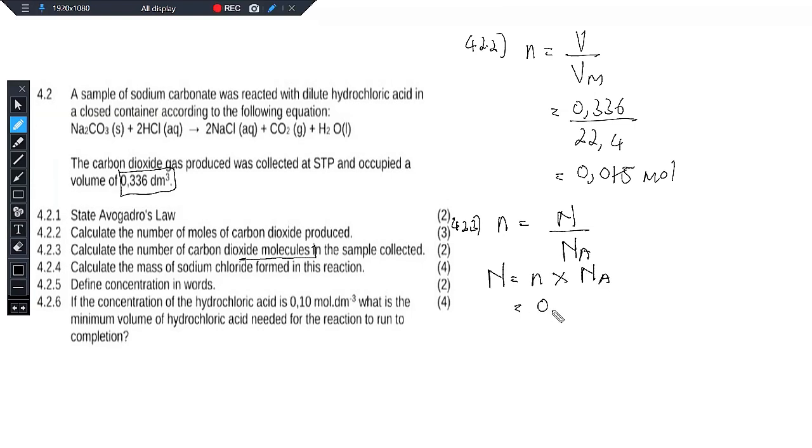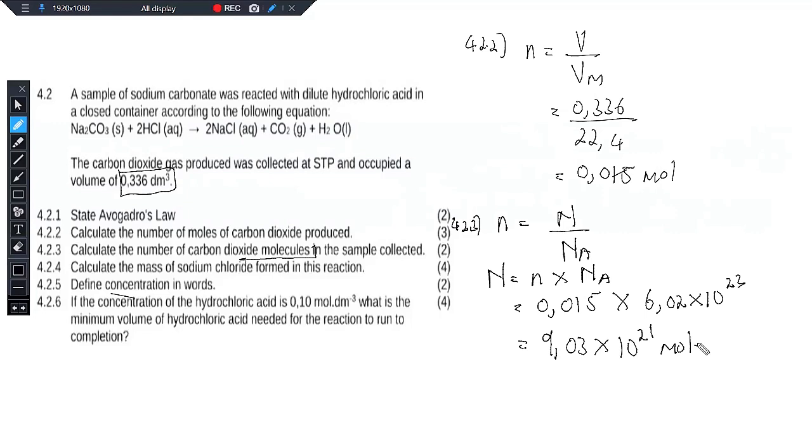So the number of moles is 0.015 as you have determined in the previous question, but the Avogadro's constant is also given in your data sheet, which is 6.02 times 10 to the exponent of 23. So you don't have to memorize this one. It's given in your data sheet. Right. So when you multiply that, it gives you 9.03 times 10 to the exponent of 21.